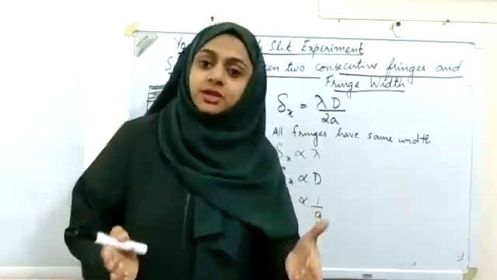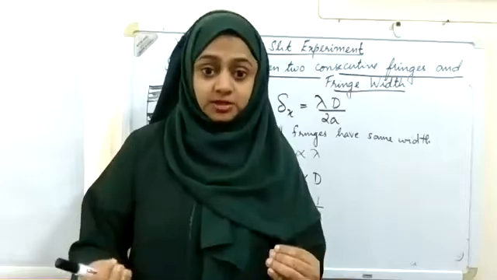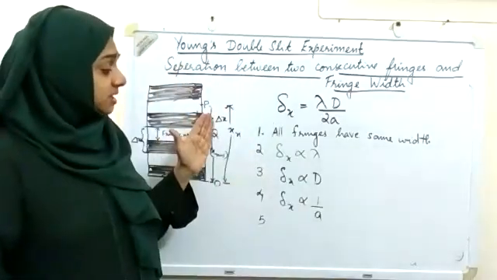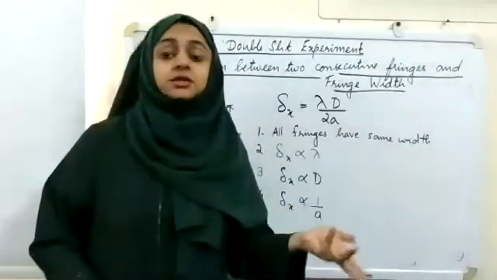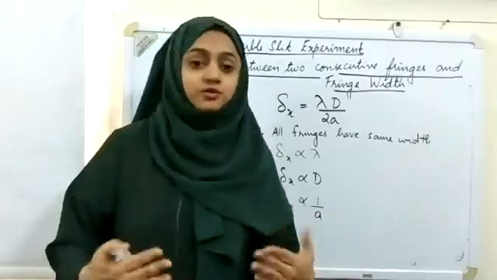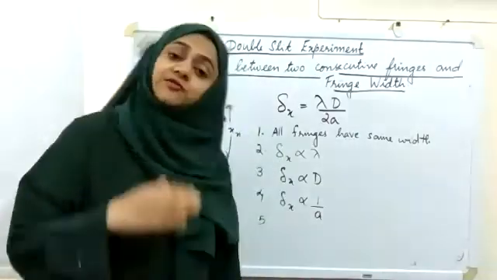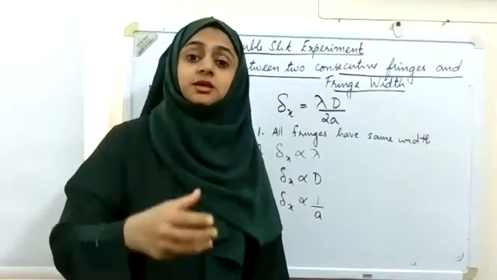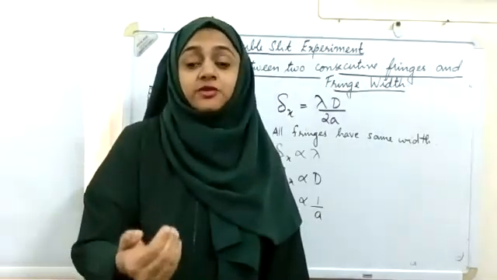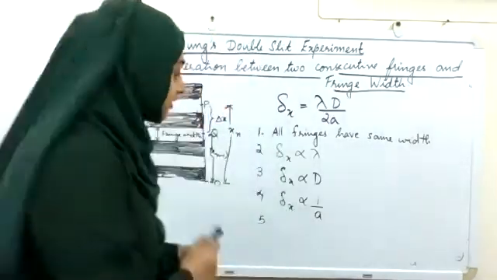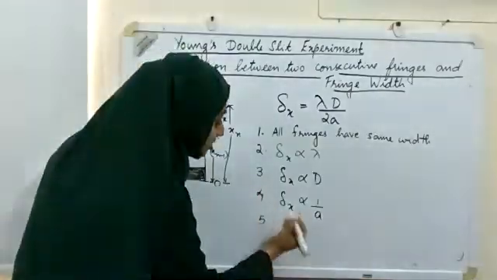So, in different media, the wavelength is different. In Young's double slit experiment, we assume that it is conducted in air or in vacuum. But if the same experiment is conducted in a medium having refractive index mu, the wavelength will be different.